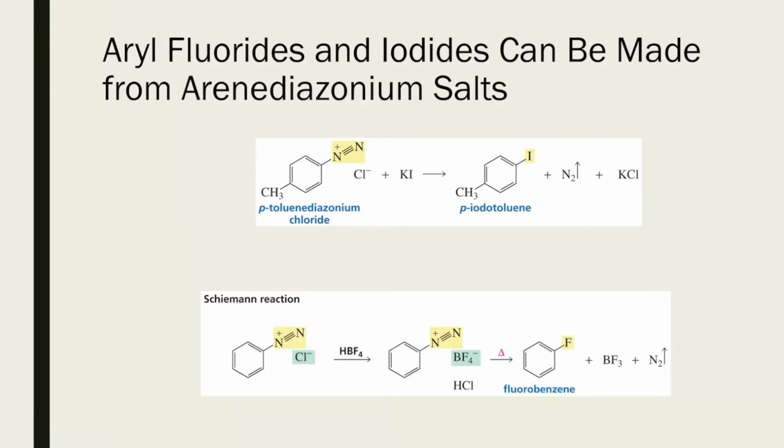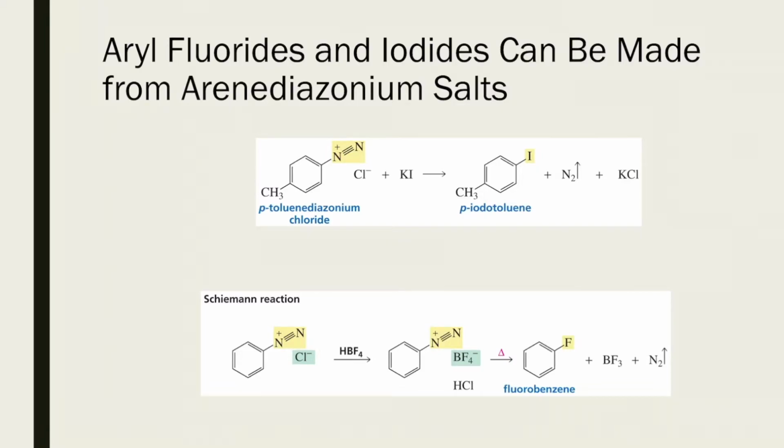By using this method, you can also synthesize aryl fluorides and iodides, but this reaction would not be a Sandmeyer reaction, because for the Sandmeyer reaction you always use the cuprous salt. The source of iodine is potassium iodide, which replaces the diazonium group and puts the iodine where it was.